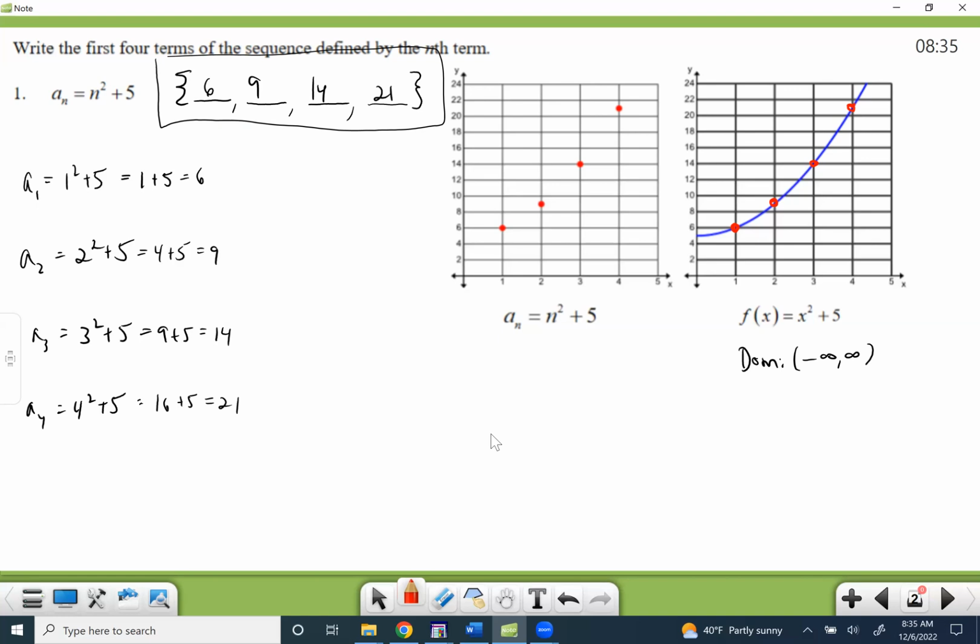And so if you were to connect it, what you would be saying right here at 1.5 is, there's a first term, there's a second term, there's a third term, but there's no 1.5 term. That doesn't even make sense, right? We're talking about our domain only being positive integer values, 1, 2, 3, etc. Okay. So don't connect them if you're talking about a sequence.